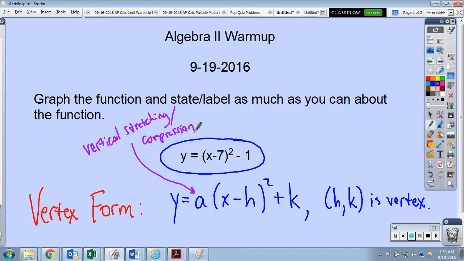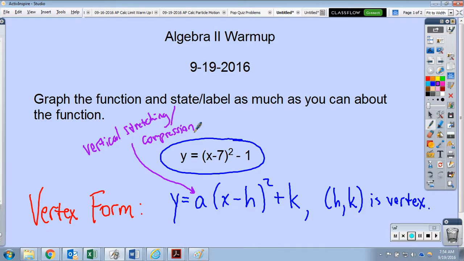If you think about it, if it's fractional, for example if A were 1/4, it would only go out 1/4 compared to the parent function, as high as 1/4. But if A equals 5 or -5, that's going to be stretched by a factor of 5. It's going to have an output of 5 times the amount, whether negative or positive. The negative or positive is just the reflection in the x-axis.